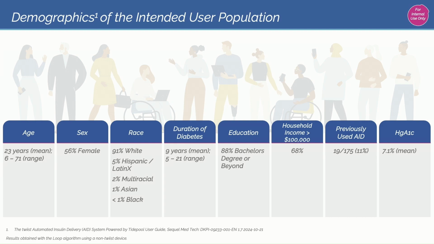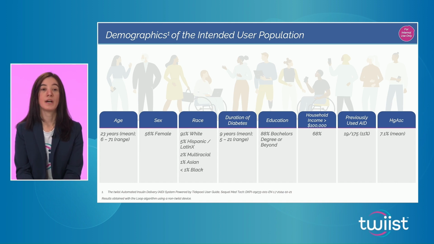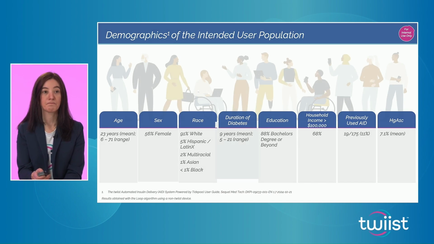And that is not surprising because this study was conducted between 2019 and 2021, when AID were still becoming a big thing here in the US. Again, you can see the rest of the demographics. It's consistent with other demographics of other studies prior to the FDA regulation about including more diversity in clinical studies.